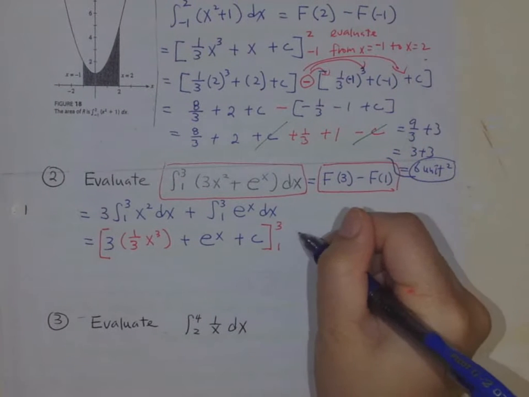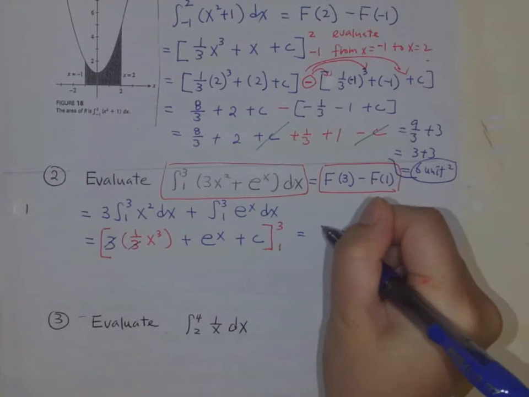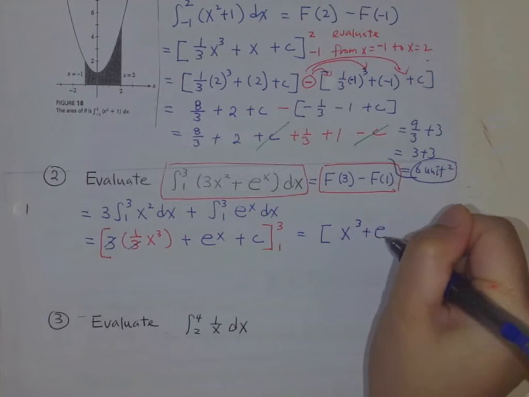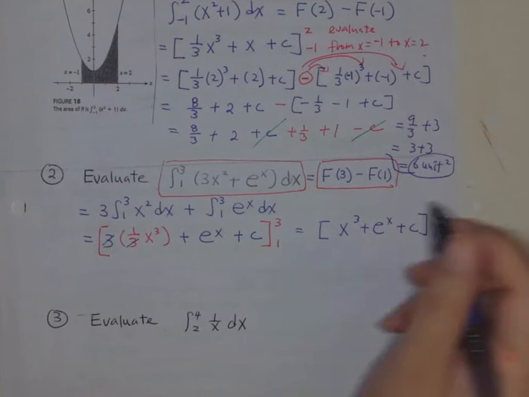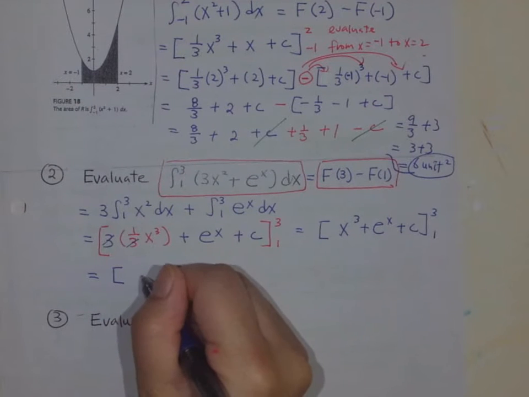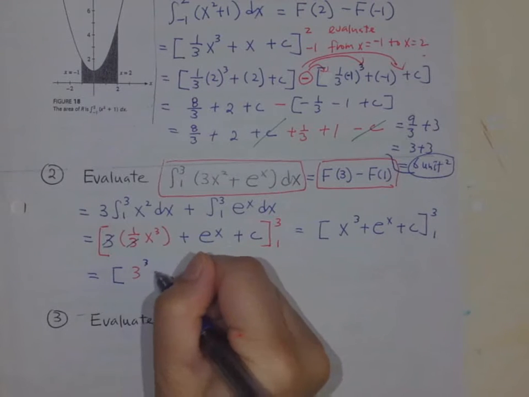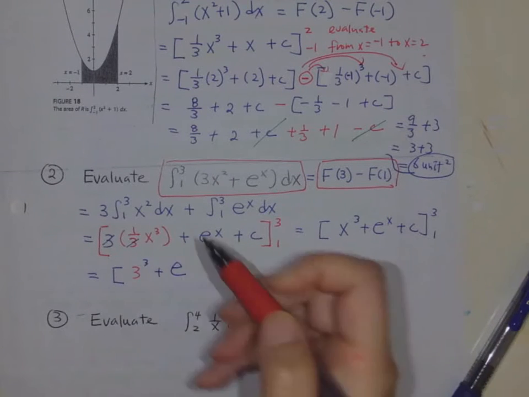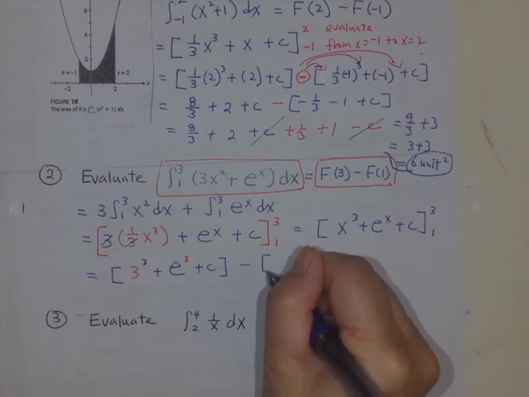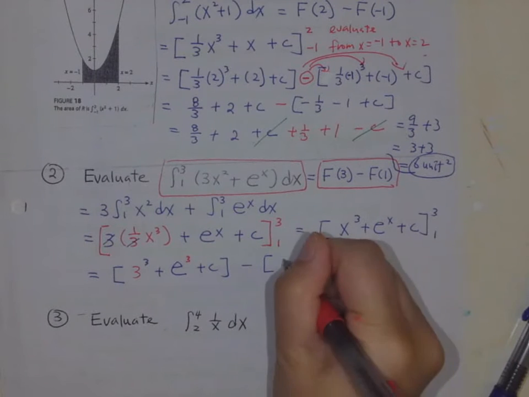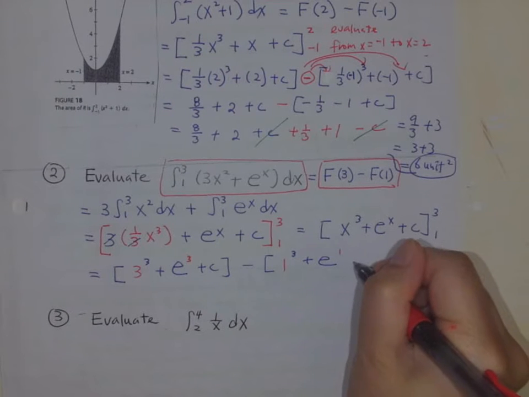Okay, so let's see. This one cancels, so basically it's just x cubed plus e to the x plus c, plug in from 1 to 3. If I plug in 3, that would be 3 cubed plus e raised to the third power plus the c, subtracting 1 to the third power plus e to the first power plus the c.